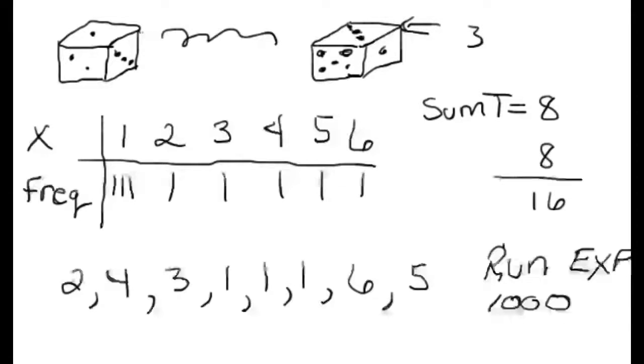When we start doing the programming, we'll simulate this, and we'll do 1,000 and then 10,000 and so forth. We're summing up the trials. I'm just going to write sum t, for sum of trials.